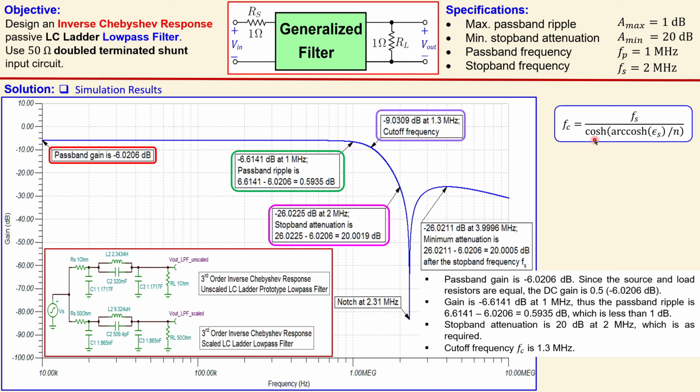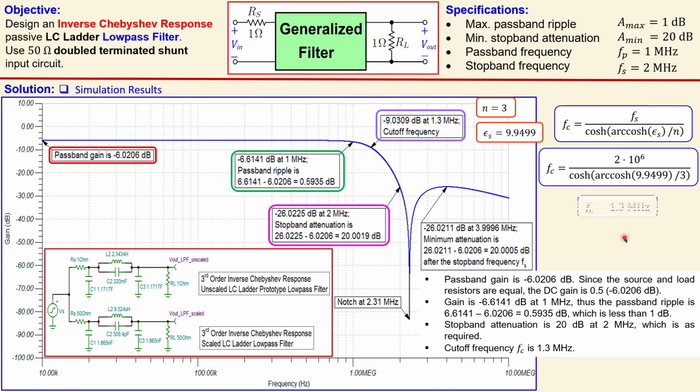You use the cosine hyperbolicus and then the inverse of that one, and then use the epsilon s, which is our value, and n, which is 3. All are shown here. When you now substitute these values in this formula, you get 1.3 megahertz, very close to that value. So again, this is verified, and also all specifications are met.